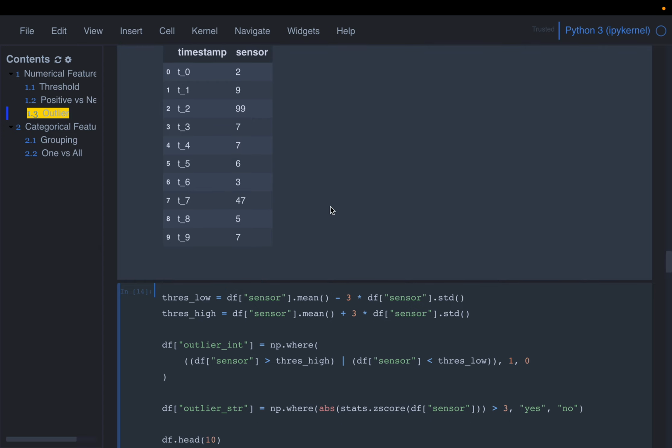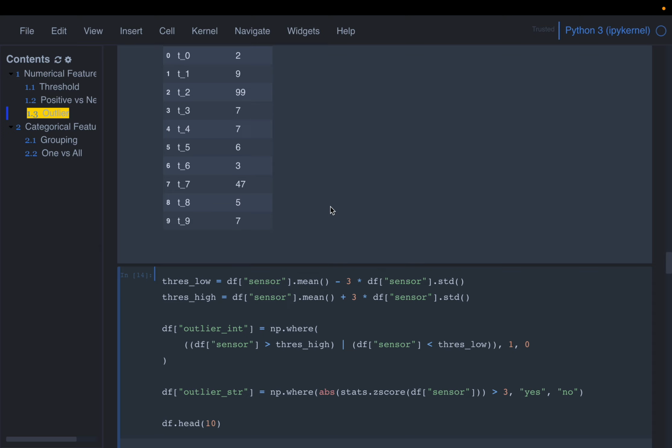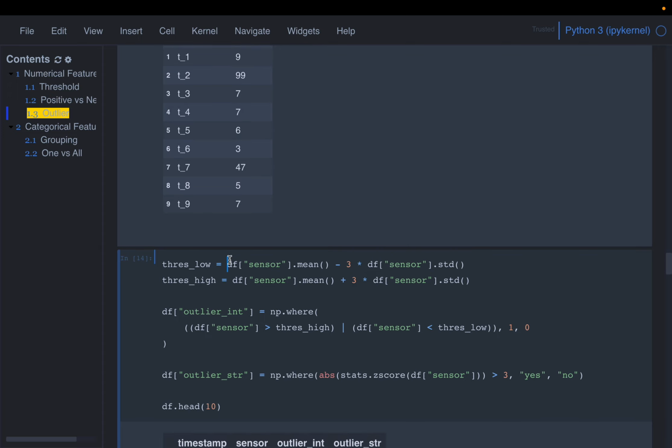Then we can find out, from the mean of this variable, how many standard deviations away each value is. So here we compute the mean of this variable, and then we go on the negative side, 3 times the standard deviation of this variable.